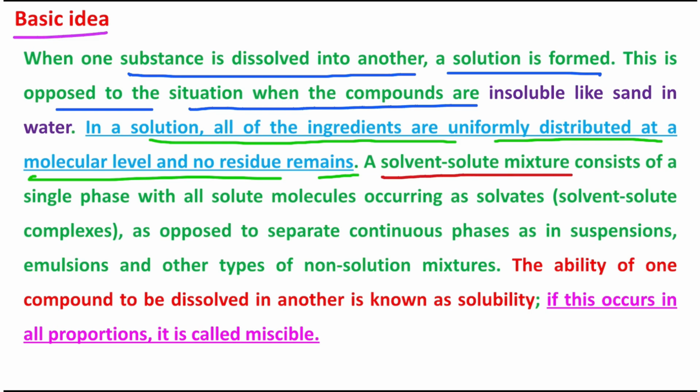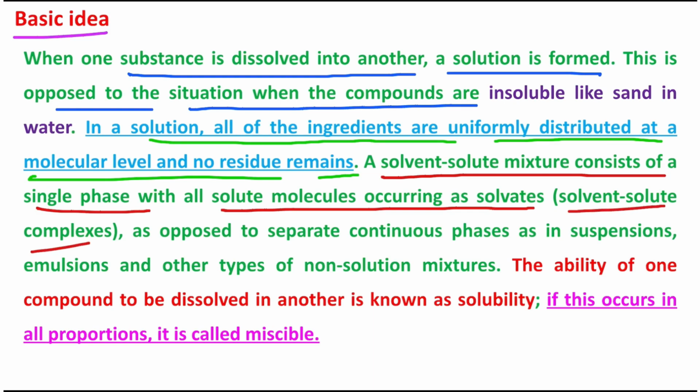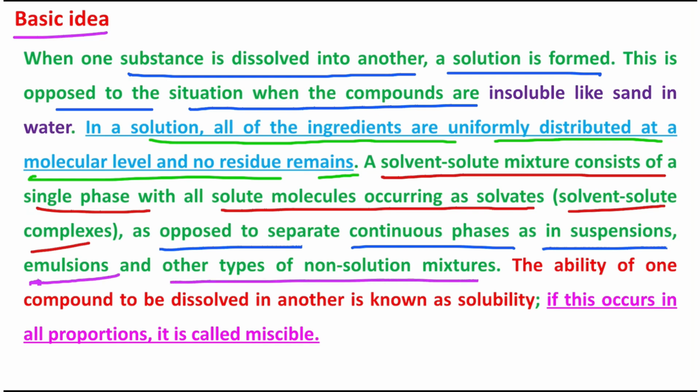A solvent-solute mixture consists of a single phase, with all solute molecules occurring as a solvent-solute complex, as opposed to a separate continuous phase in a suspension, an emulsion, or another type of non-solution mixture.